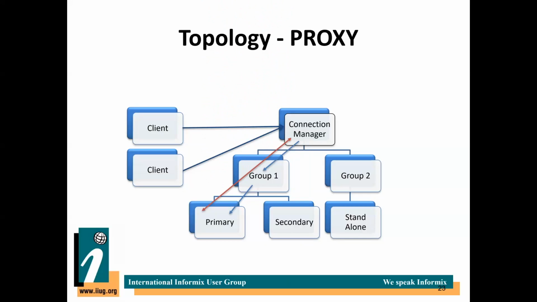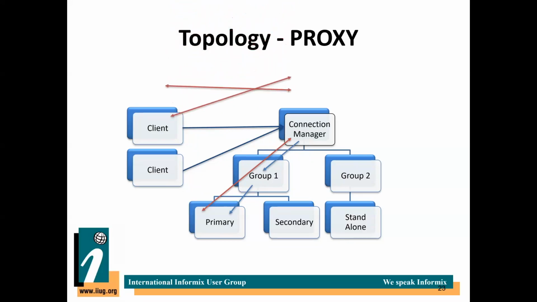So all the transactions are between the client and the connection manager, and then from the connection manager to the server. There are some real advantages to this with some of the different setups. It also will support all of our old legacy or third-party drivers, so we don't need to worry about those being completely lost if we want to use the connection manager.